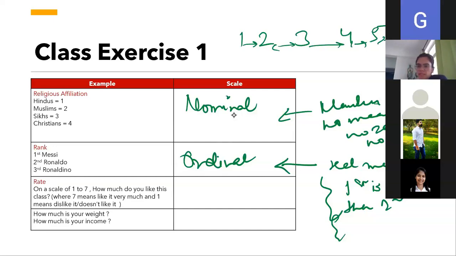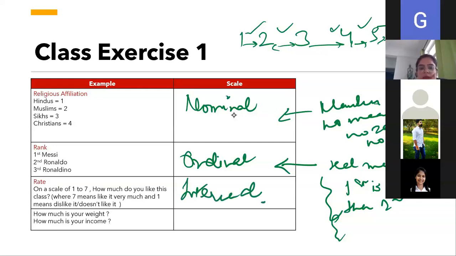Have you ever seen any survey? This is the Likert scale. You always encounter these types of questions on a scale of 1 to 7, generally used to measure attitude or behavior. How much do you like this class? And I'm telling you, the difference is the same. Now tell me, what scale is this? Interval. Yes, ma'am.